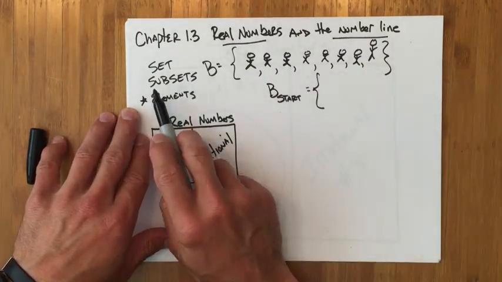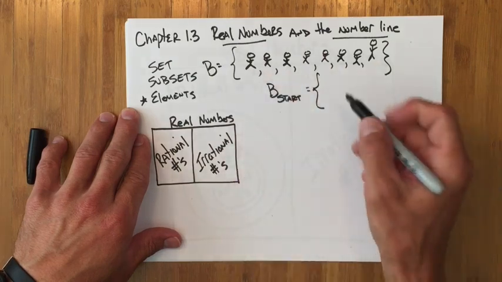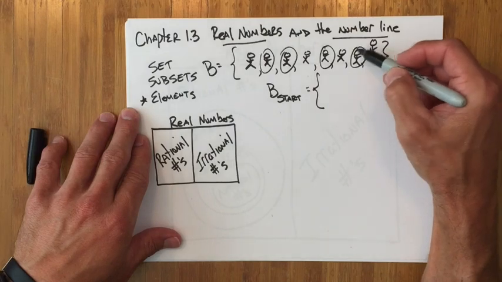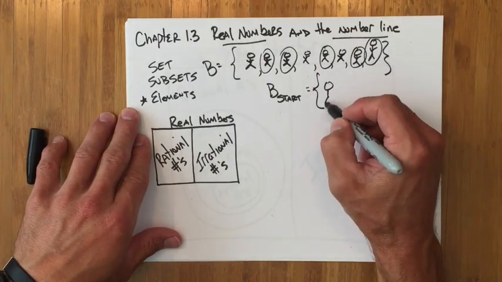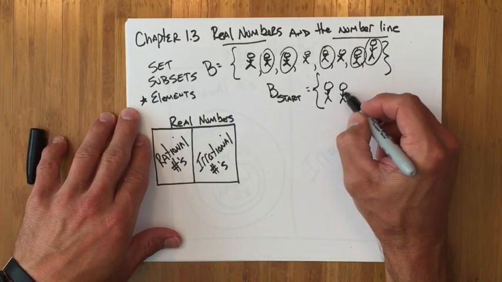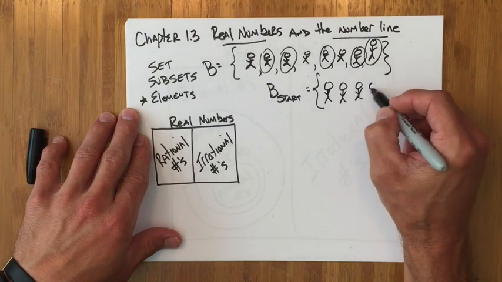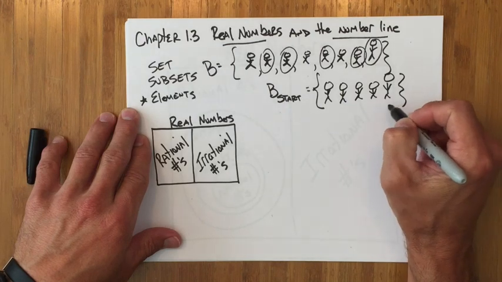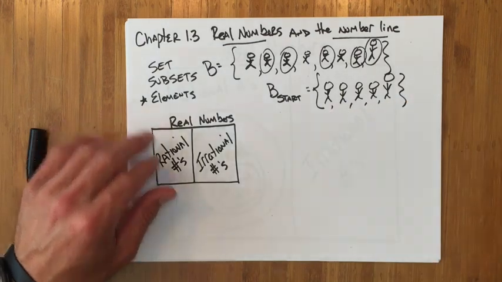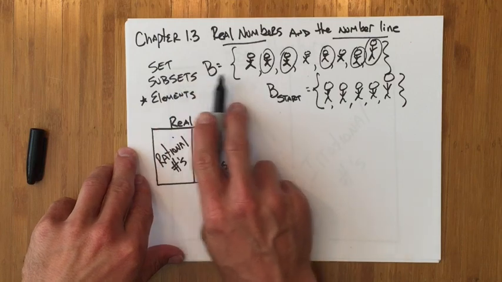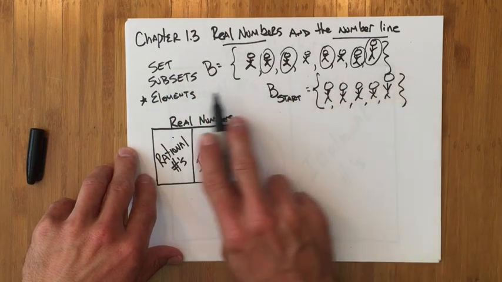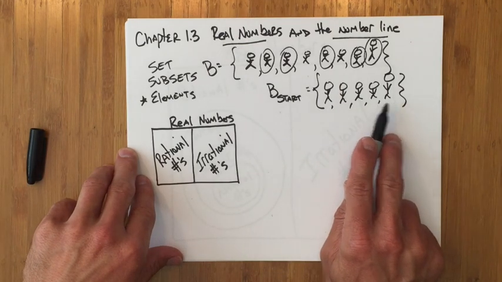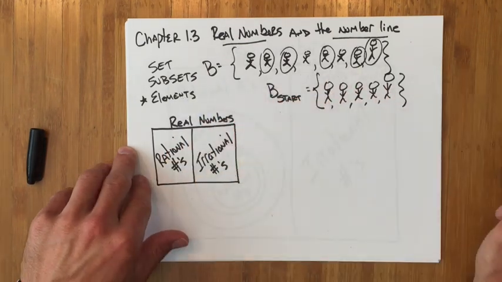So what I'll do is I'll choose a subset, which is a subgroup of these, and I'll choose maybe this person, this person, this person, this person, and the tall person as my starting basketball players. And I'll separate those elements with commas, and now I have an example of a set, which are all the kids that play basketball, a subset, which is these people that I choose to start the game, the best 5 players, and the elements are the items inside.